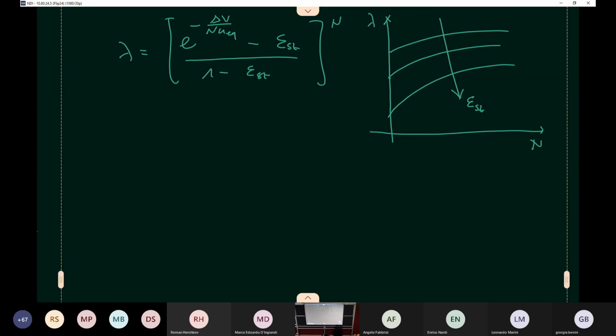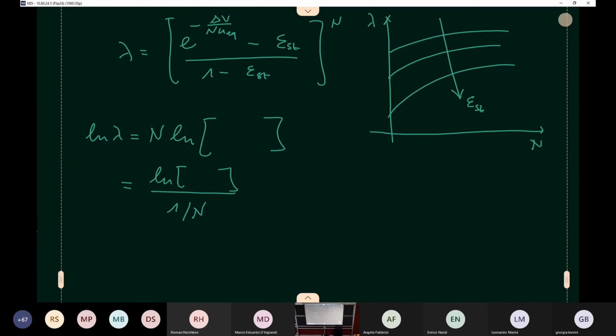But we have a finite limit here. So what we can do is to apply the theorem of de L'Hopital and obtain the solution. I can pass to the logarithm, and this will be n logarithm of this term in parentheses, and to eliminate the indetermination, I have to consider this logarithm over 1 over n.